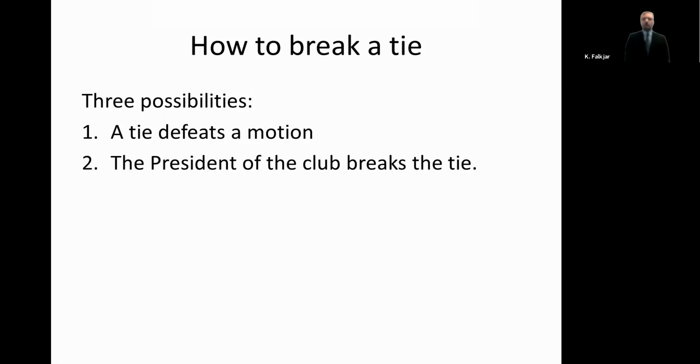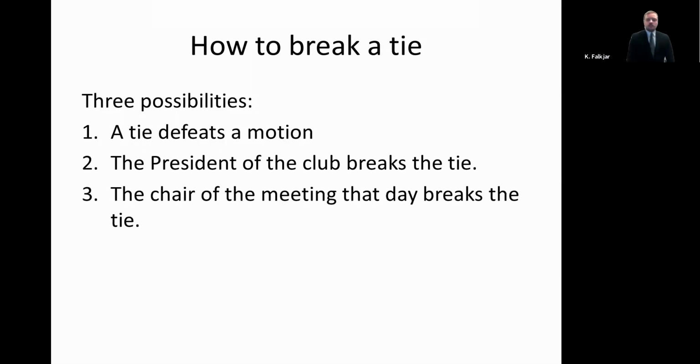Number 2, the president of the club has no right to vote except in the case to break a tie. And number 3 is the chair of the meeting that day withholds their vote to break the tie. Why 2 and 3 are separate is in the case where the club president may not be the person chairing the meeting.